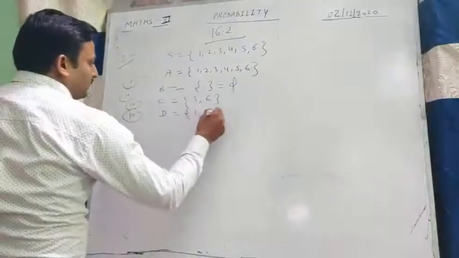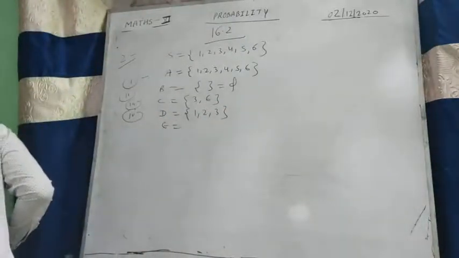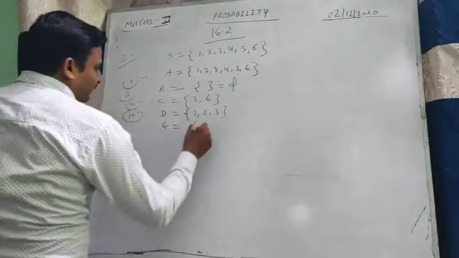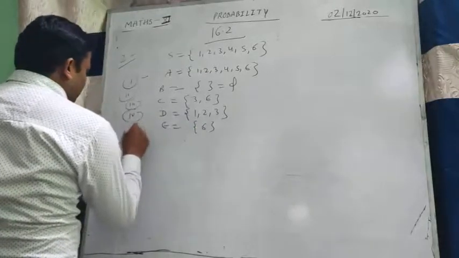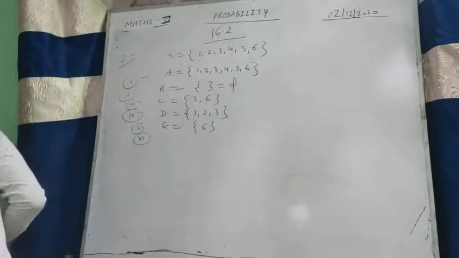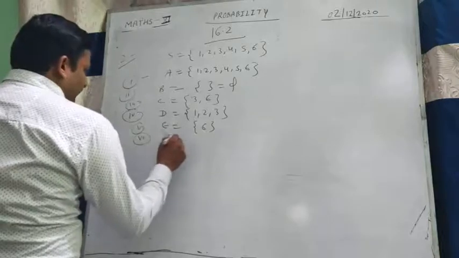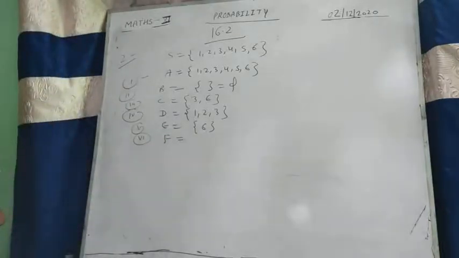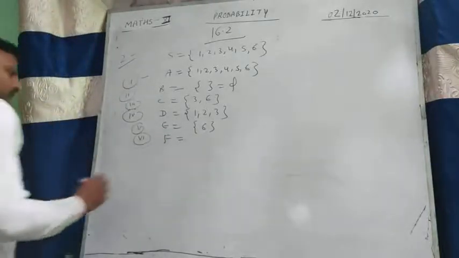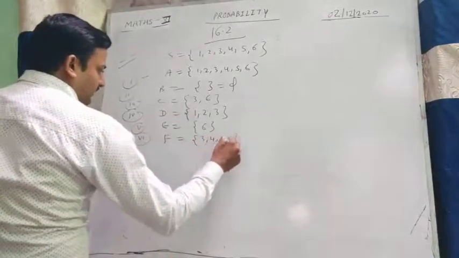Less than 4 means 1, 2, 3. And E is an even number greater than 4, so it will be 6. And F is a number not less than 3, so not less than 3 is 3, 4, 5, 6.